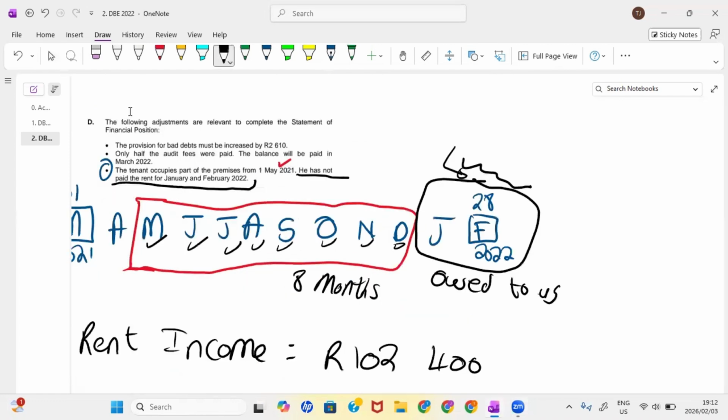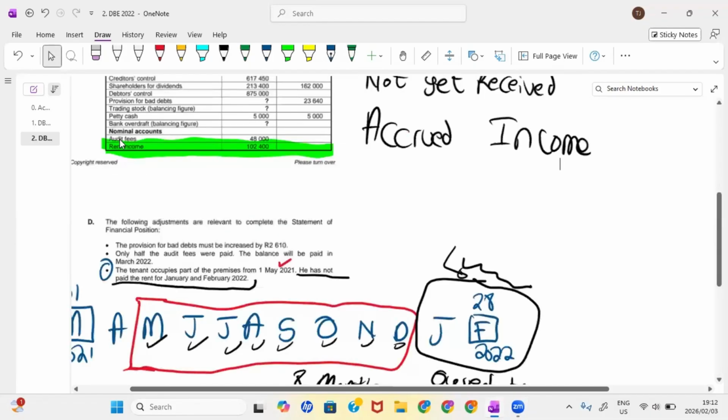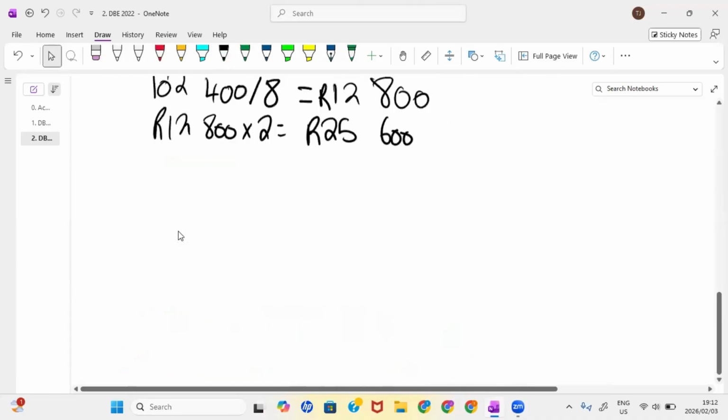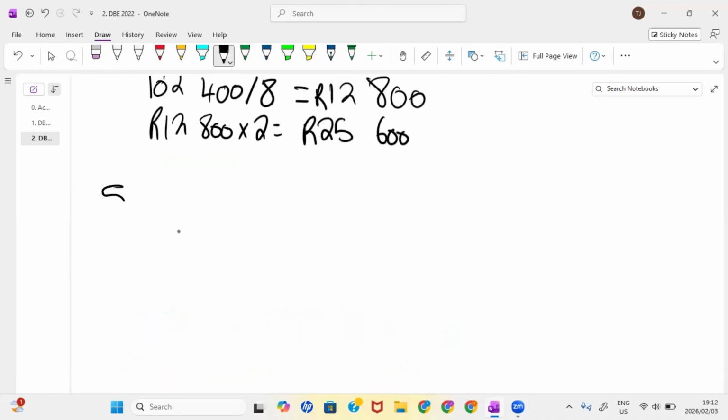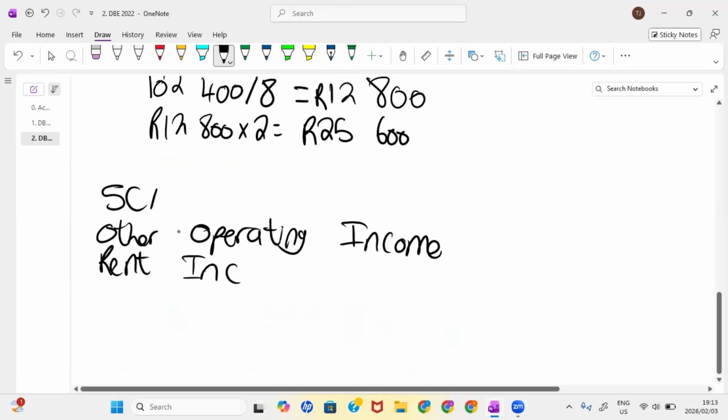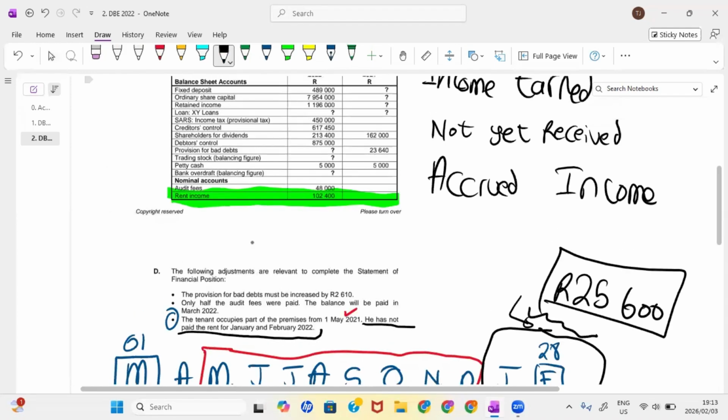So we already know we have to add these 2 months. Né? And the 2 months are worth 25,600 rands. We have to add them in our financial statements. So we will start in the statement of comprehensive income, other operating income section, and then we have rent income, and then we start with the pre-adjustment amount, which is 102,400 rands.